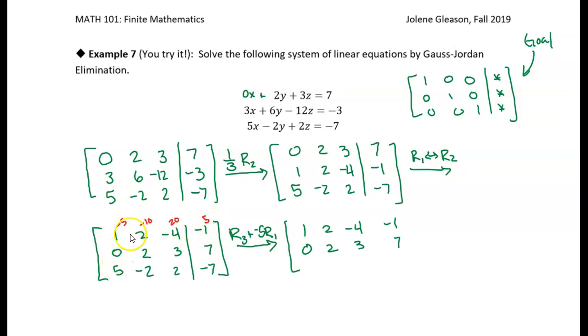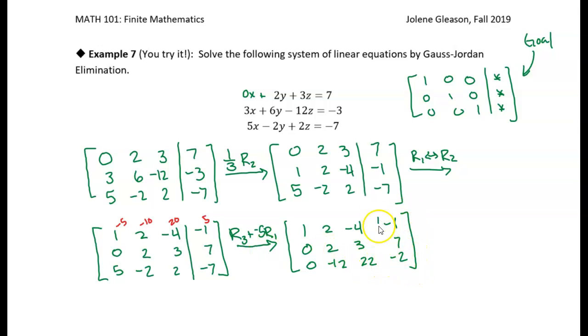So if I just add those values that I have in red to row 3, then I'll get my 0 where I want it. And then I get negative 2 plus a negative 10 becomes a negative 12. 2 plus 20 is 22. And then negative 7 plus 5 is a negative 2.